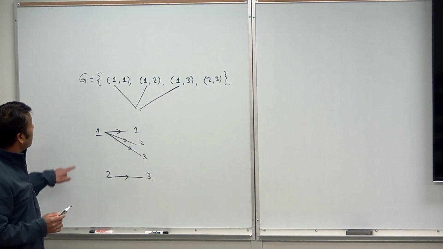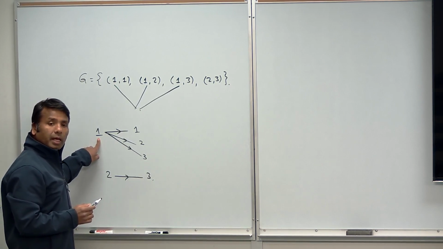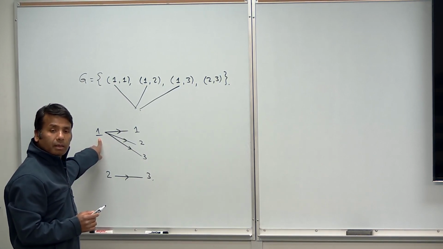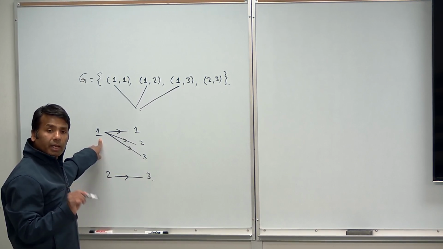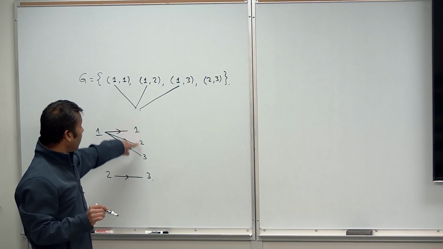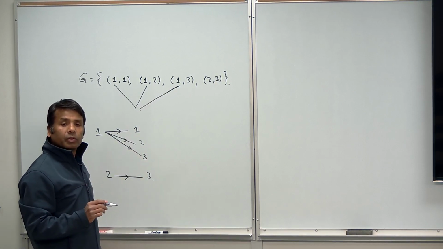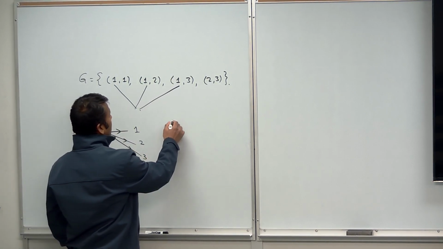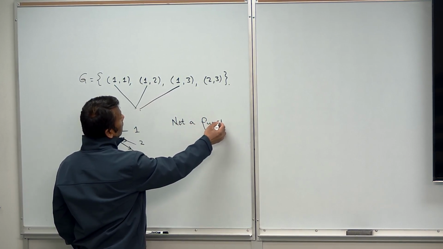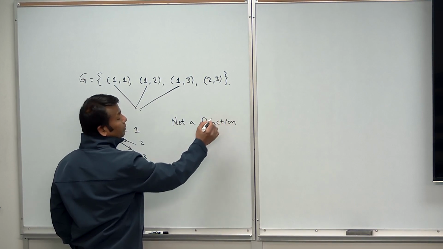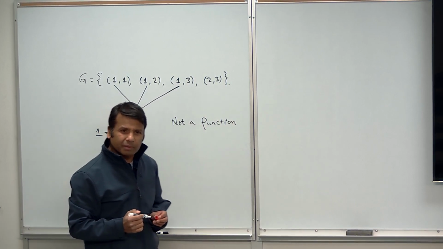Now you see this x value 1, right, for the x value 1, there are 3 values of y. Is that right? So that's why this is not a function. That makes sense?